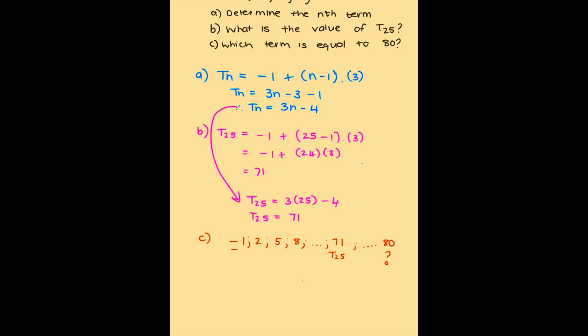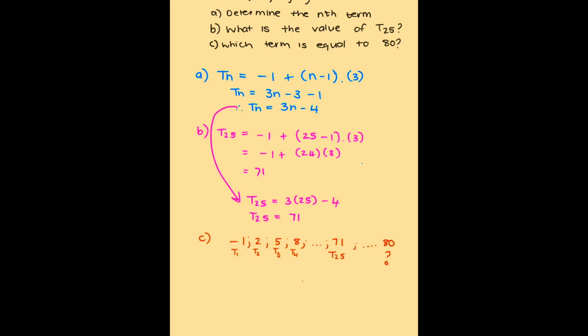So remember that -1 is term 1, 2 is term 2, 5 is term 3, 8 is term 4, 71 is term 25, 80 is term what? Okay, so that's what we're trying to solve for in question C.